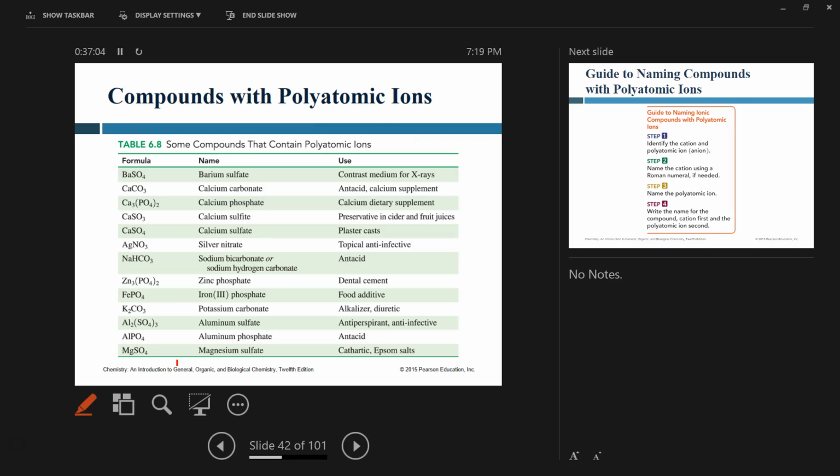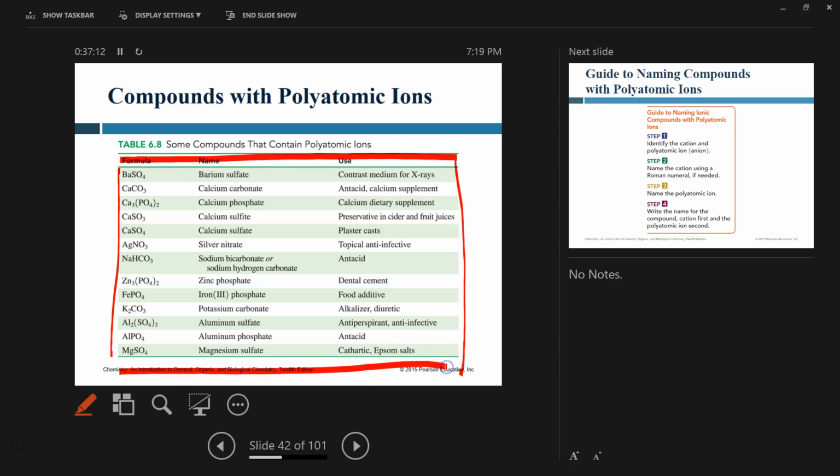Now this table, I'm going to wrap up the naming. This table gives you some examples, with their role in human life. And actually, you probably met some of these compounds before. If you ever did contrast X-ray, you were injected with barium sulfate.